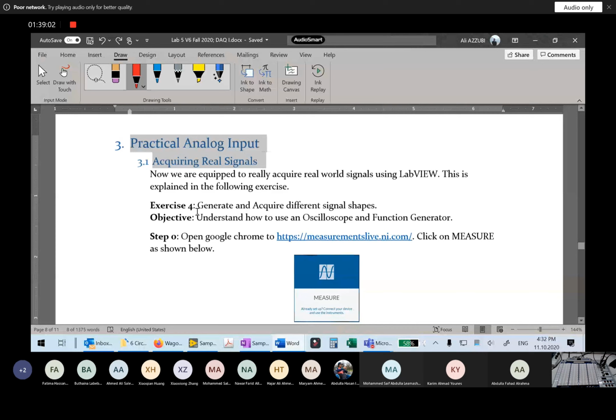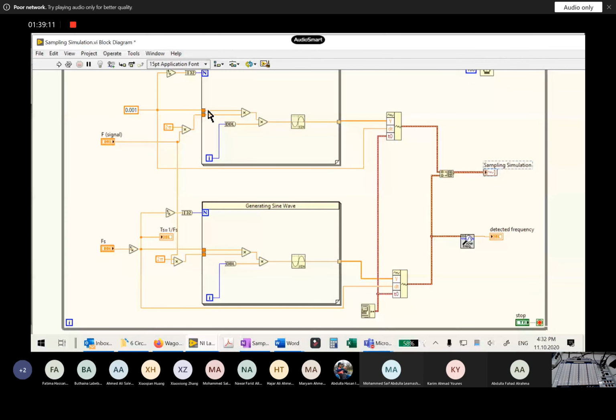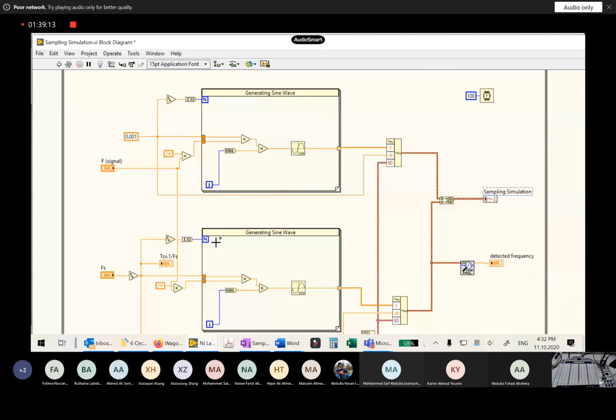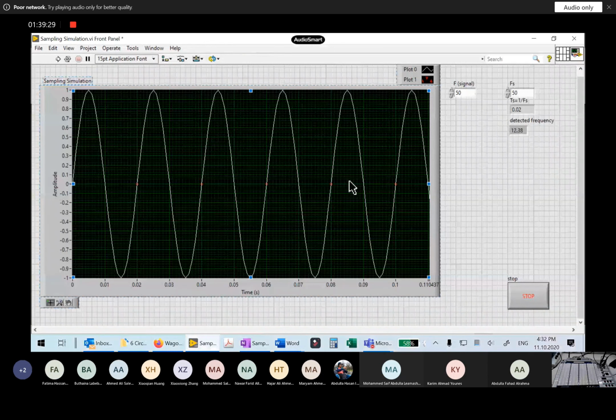I'll show you how to connect to the board remotely, and we will generate a signal. Here in the simulation, I'm doing everything in software. You'll see that I am creating a sine wave with 0.1 sampling time, and another one with the time I'm using here. So this is simulation. Now we'll see for real whether the things that we simulate are really true or not.